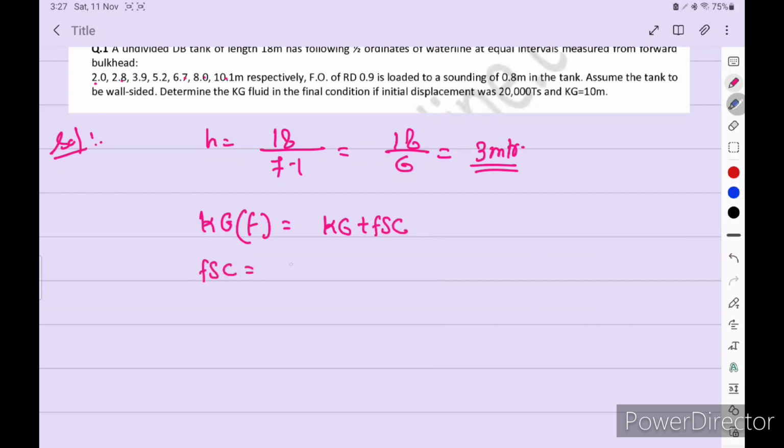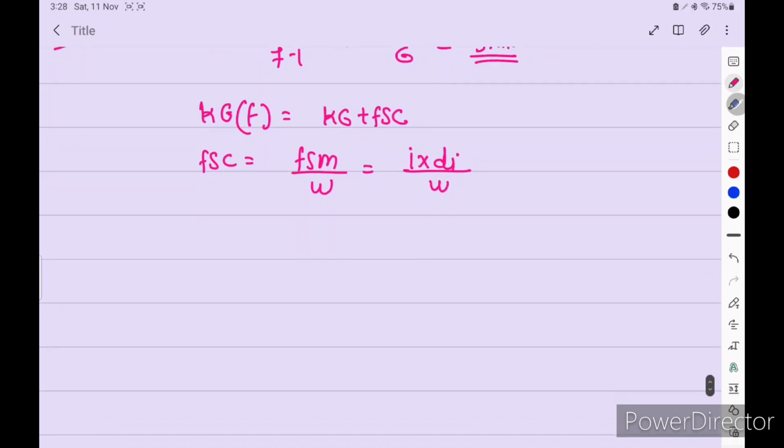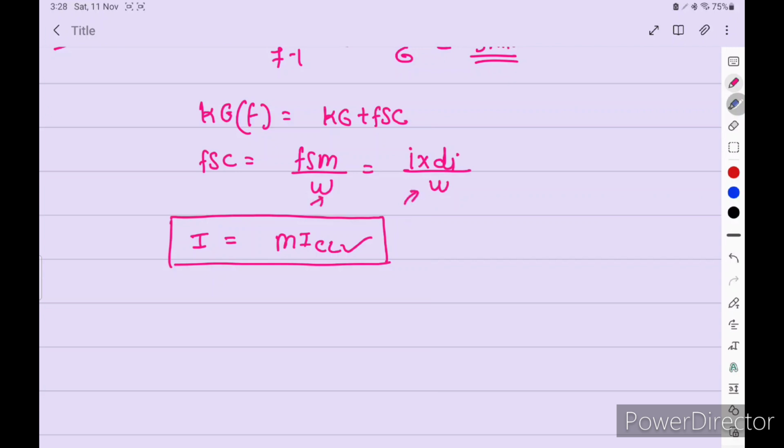FSC is equal to FSM upon displacement, correct. FSM is I into rho upon W, and what is I? I is equal to MI about the center line. So we need to find out this value, then put this value here, then we get this, and then finally we get this.